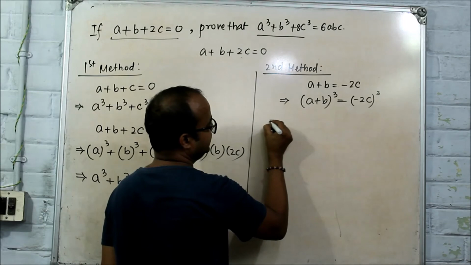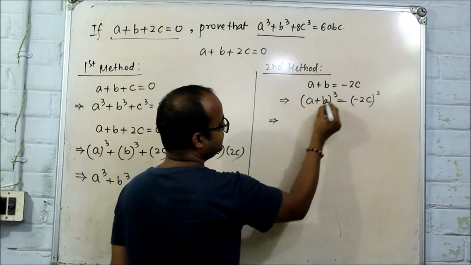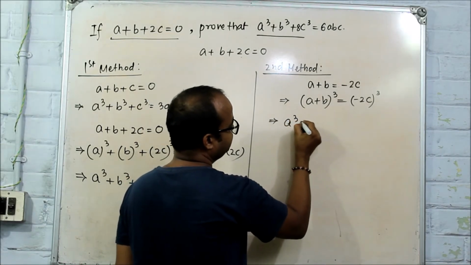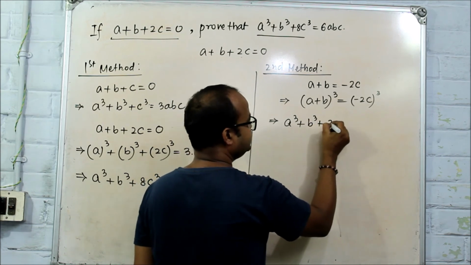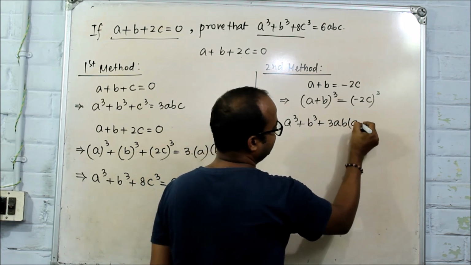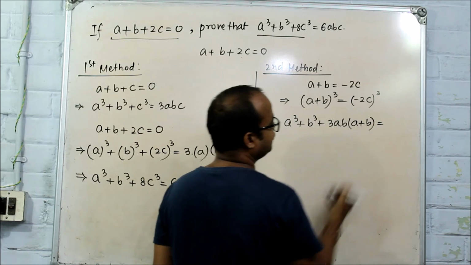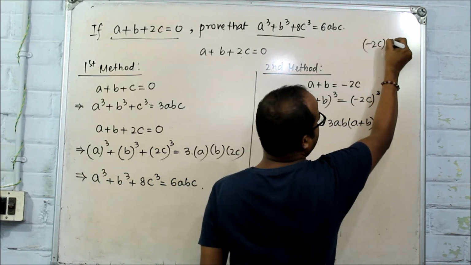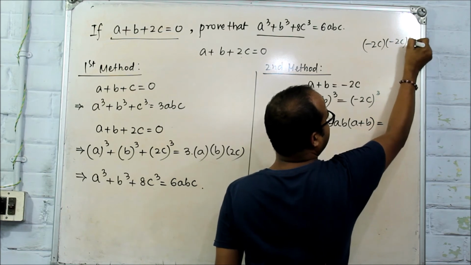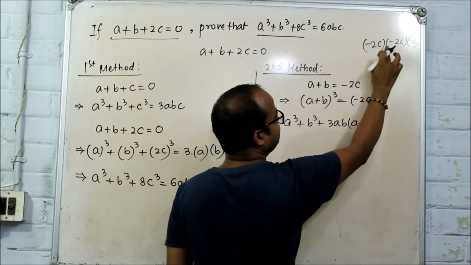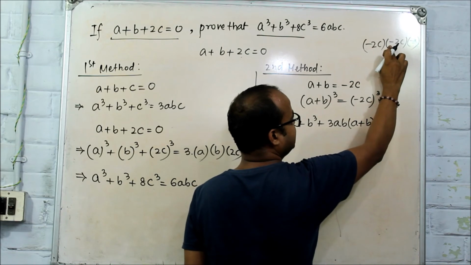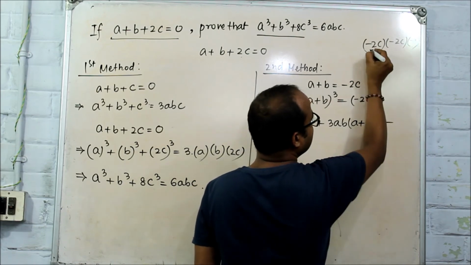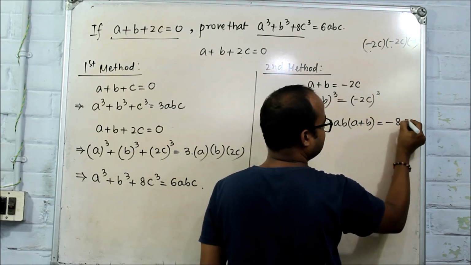So let us apply the formula of a plus b whole cube. So a cube plus b cube plus 3ab into a plus b is equal to minus 2c cube. So minus 2c multiplied by minus 2c, this is equal to minus 2 to the power 3, that is minus 8c cube.